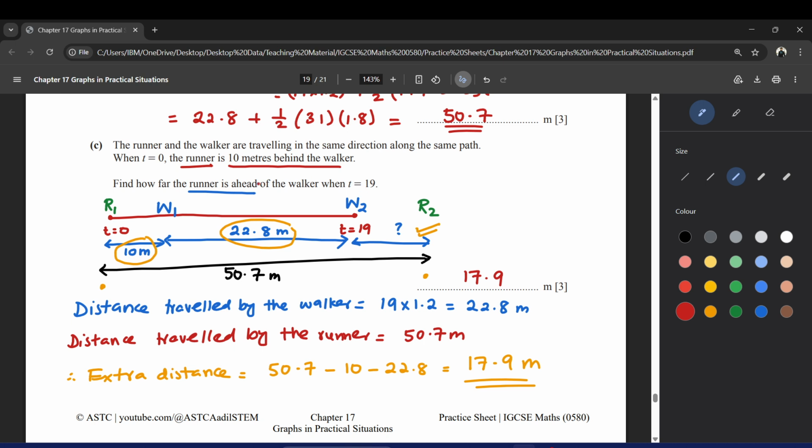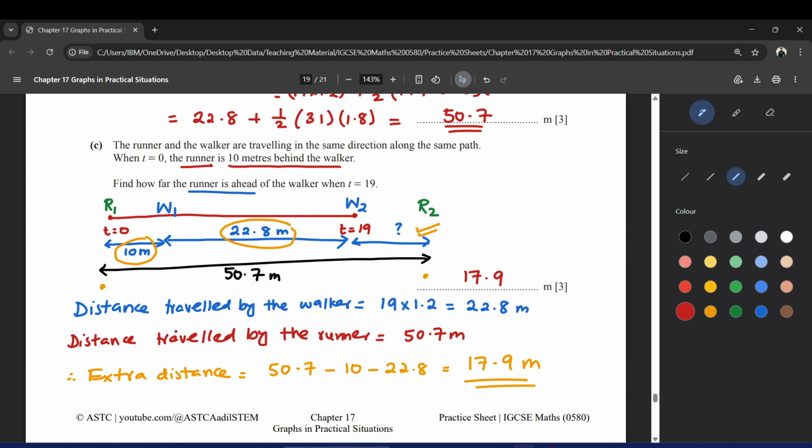So the question tells you that by the end of 19 seconds, it is the runner who will be ahead of the walker. You need to find out by how much distance he will be ahead. That is how we have worked it out. First we worked out that the distance traveled by the walker is 22.8, between w1 and w2.